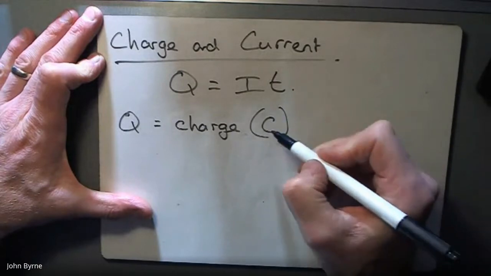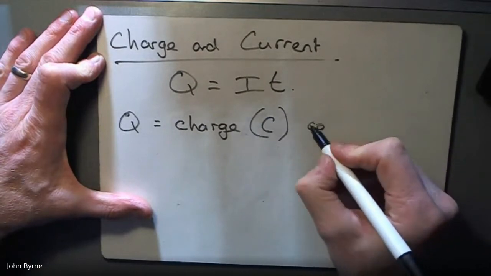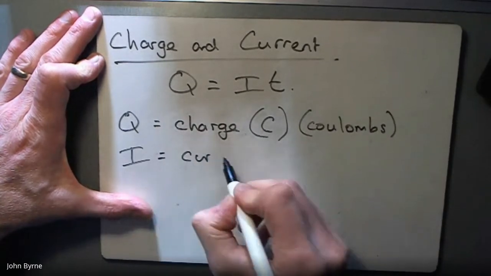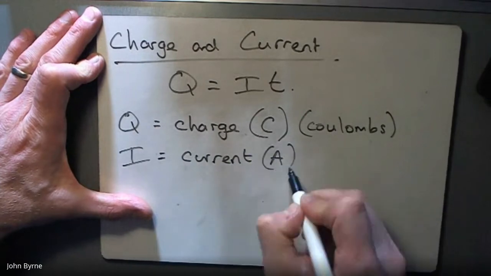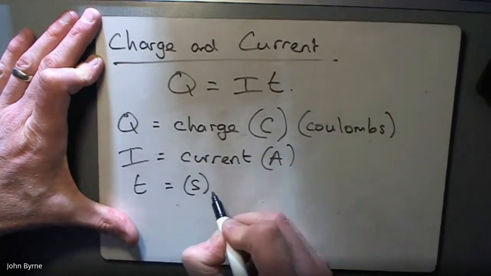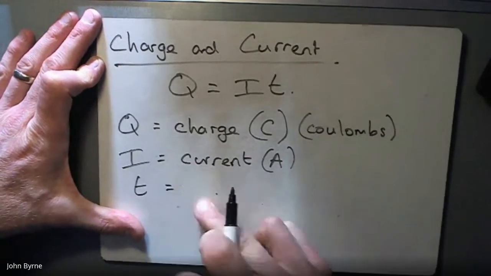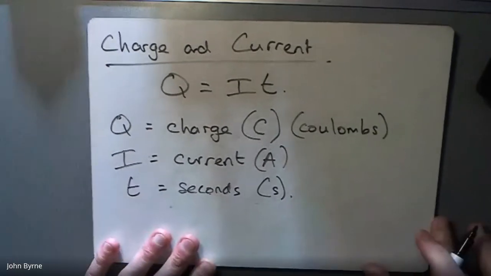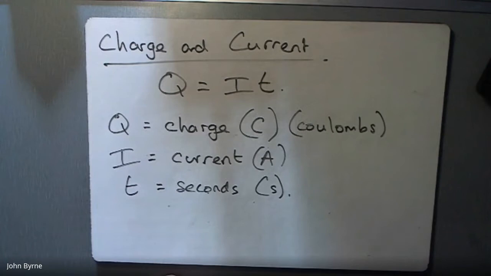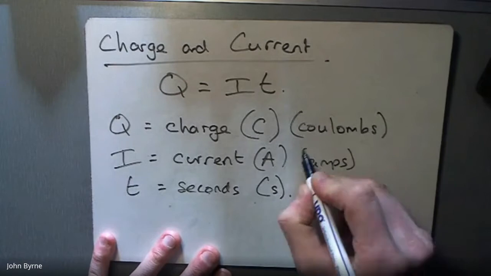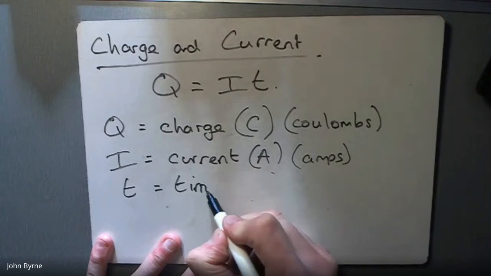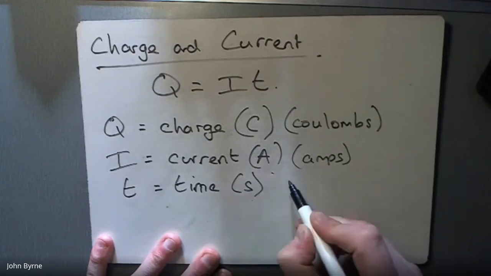We give that the symbol for coulombs, a capital C. I, as before, is current in amps, and t is time, which is measured in seconds.